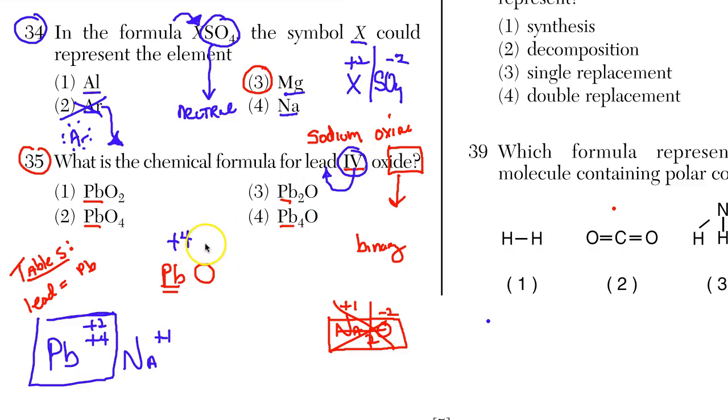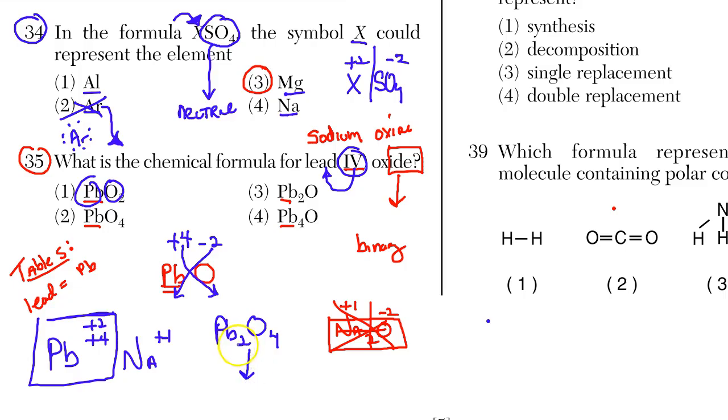Oxygen, upper right-hand corner of oxygen, is -2. And so, if you do the crisscross method, okay, you'll get what? Pb2, okay, right? Crisscross your charges. That's one way to do it. PbO4, and what you should know is that for salts, ionic compounds, metals and nonmetals, you need to have an empirical formula.